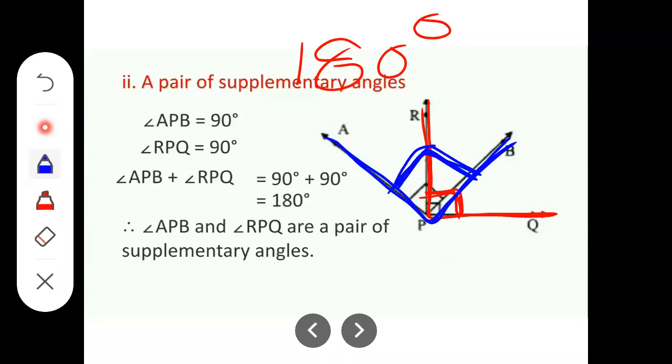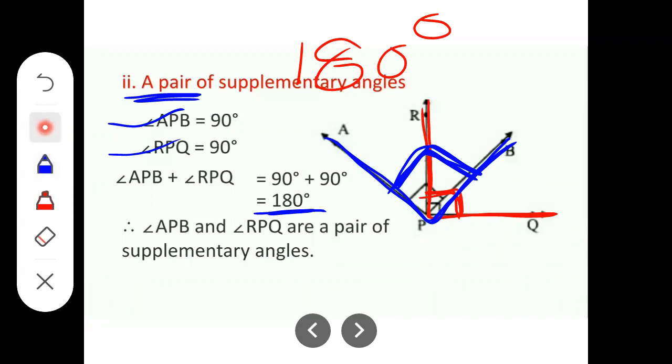So let's write the name of both the angles. Those are written separately over here, each one measuring 90 degrees. Since they need a pair, together we have to write them as 180 degrees.